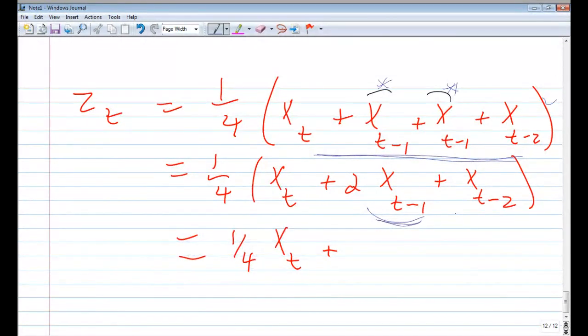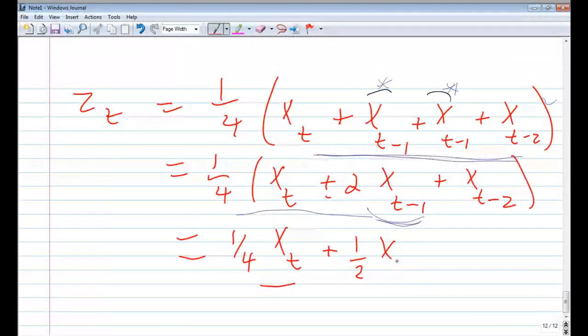So now, we have this. So we just multiply through by a quarter, or 1 over 4. When we multiply through by 1 over 4, so 1 over 4 times xt is 1 over 4 xt plus this plus. Then 2 multiplied by 1 over 4. So 2 multiplied by 1 over 4 is a half.